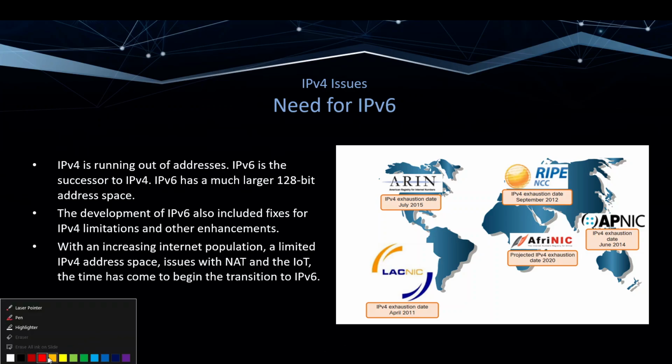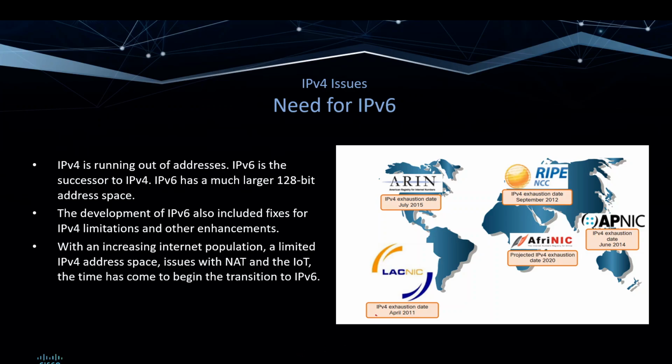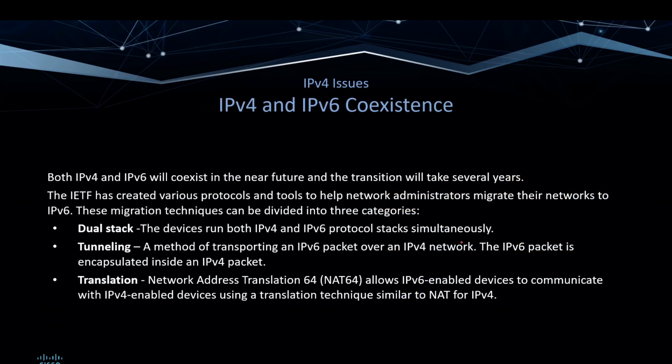For example, Latin America, since 2011. In Europe, it's since 2012. And in Asia Pacific, 2014, 2020 in Africa, and 2015 in North America. So that's why we need IPv6 that overcomes this limitation.